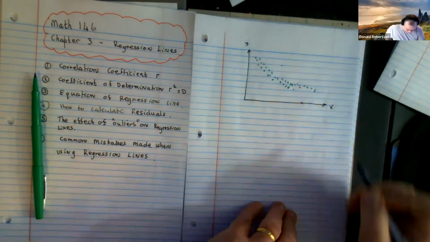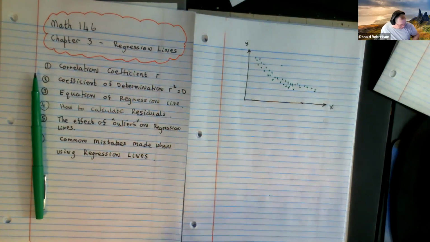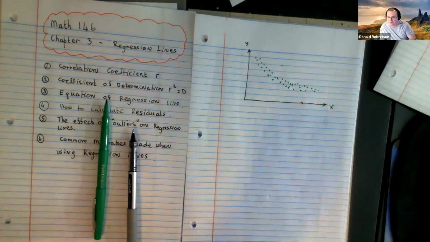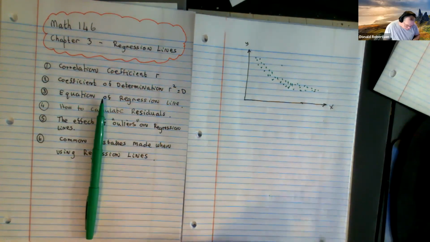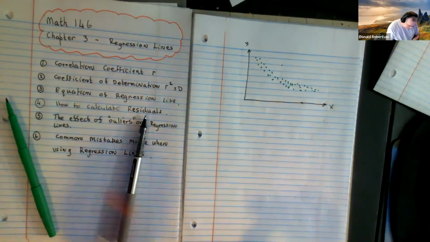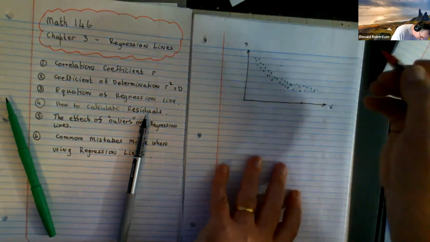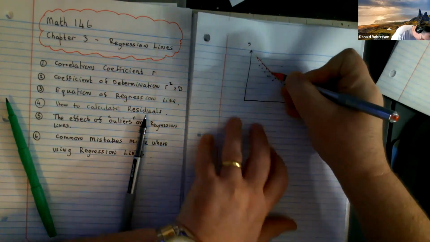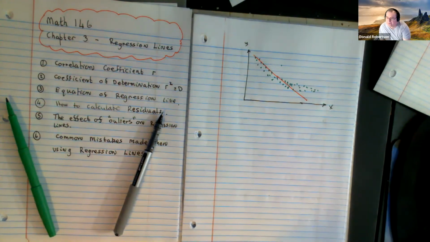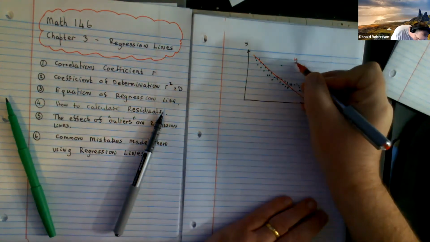Would you agree that this data is curvilinear, right? It's curved, not straight. Now, you could plug that into software and it will give you a straight line. Maybe something like that, right? And it'll have an equation.